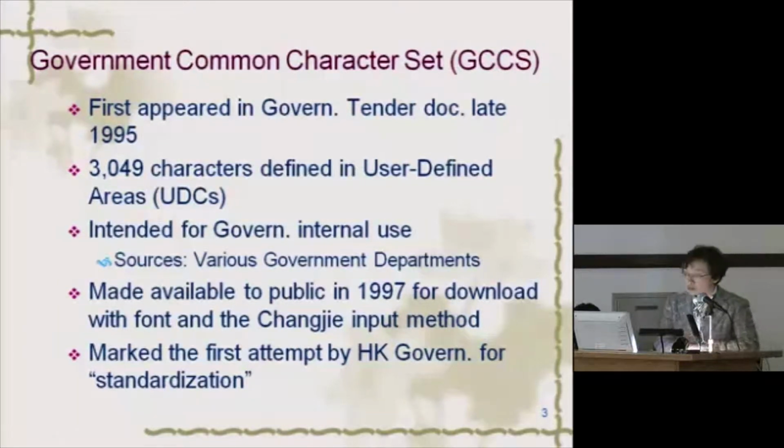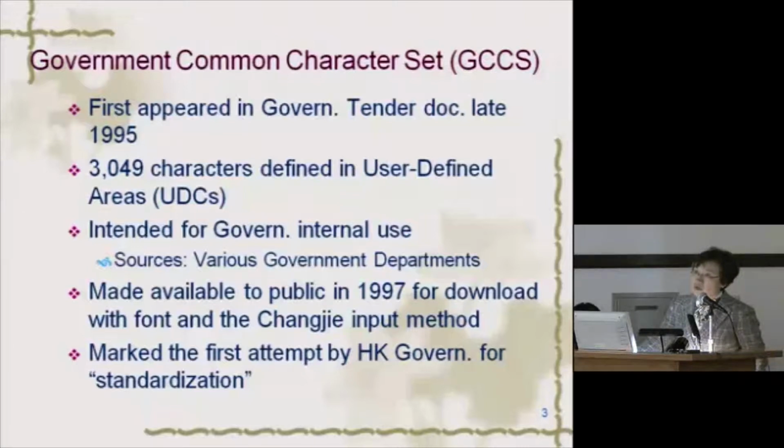Eventually, because of the computerization in Hong Kong, the Hong Kong government is under pressure of making all this information available to the public. So in 1997, the Hong Kong government provided this set of characters to the public for download because under the Big Five system, you can add the font.